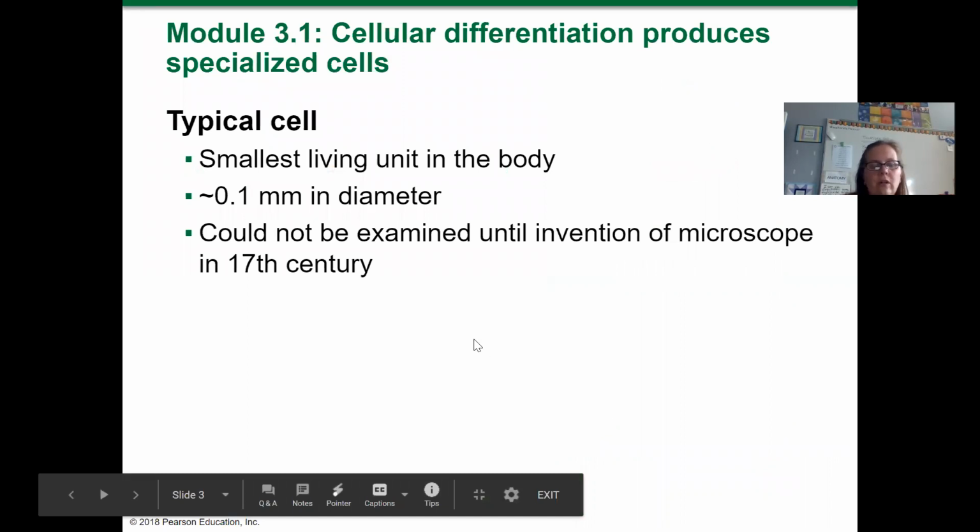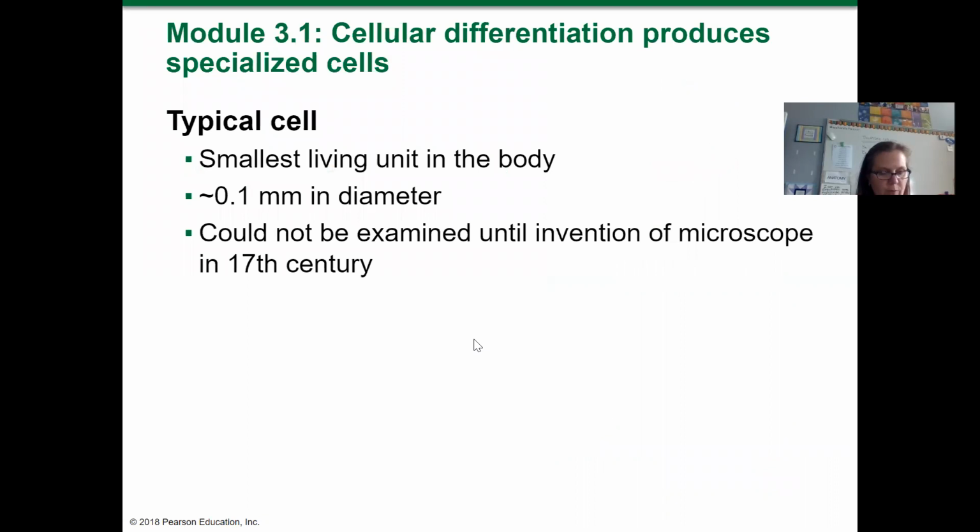All right, the first section here starts on page 95, with some beautiful pictures. And this is all about cells being the smallest and most fundamental unit of all biology. A typical cell is small, less than 1/10 of a millimeter in diameter, and cannot be examined by the naked eye. We couldn't really see it until Robert Hooke, in the 17th century.